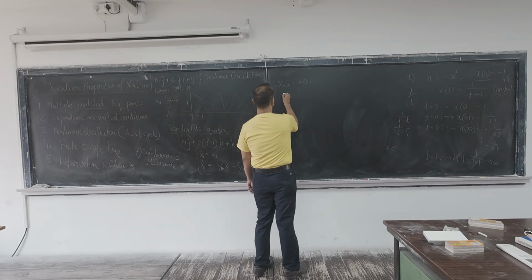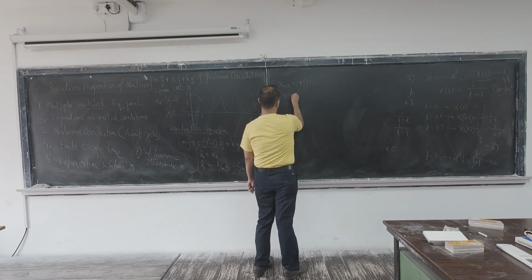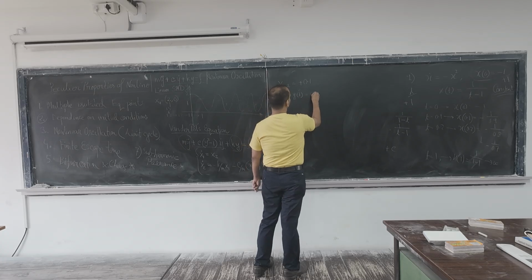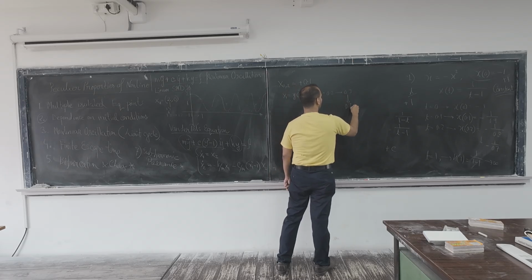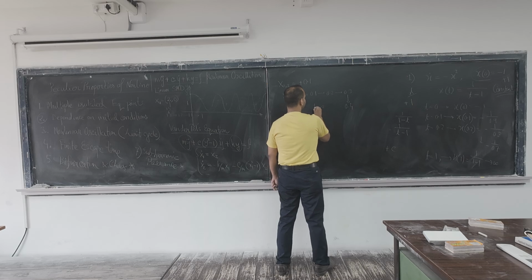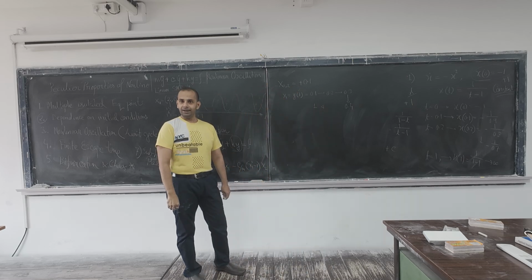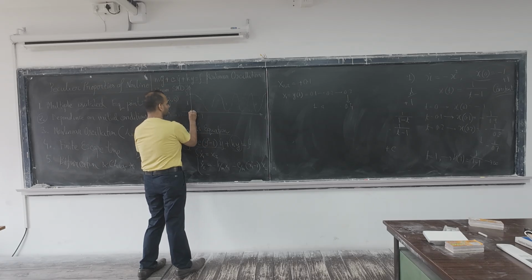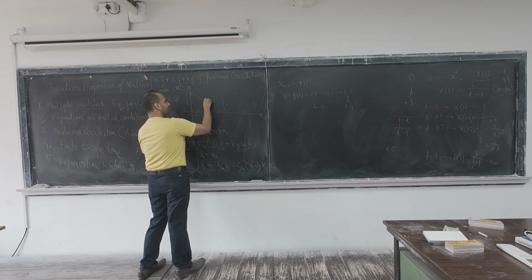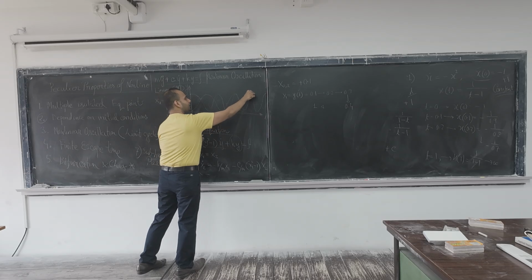Now, what about the situation for x1? x1 means y of t. From 0.1, suppose it goes to 0.2, then 0.3, 0.4. The moment it reaches 1, the damping goes from negative to undamped. So suppose it starts from here and grows. The moment it reaches 1, after that it will exhibit the same oscillation.